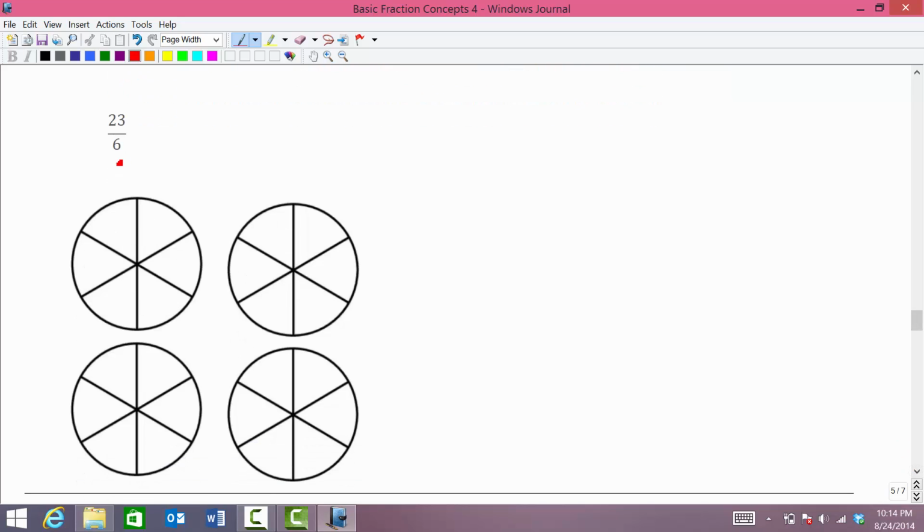6 still represents the number of equal parts for each whole. So each one of our circles here is broken up into 6 equal parts, but this time we are asked to shade 23 of those 6 equal parts.